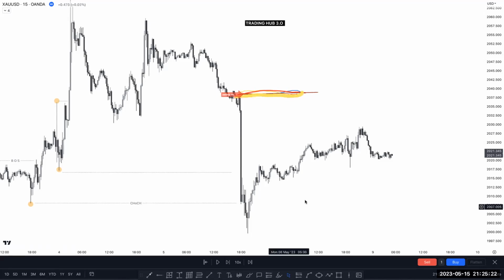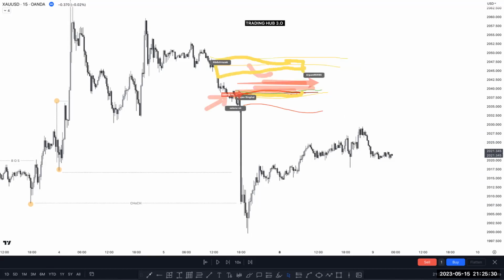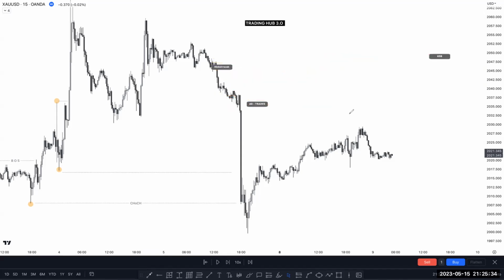Yes. After break of structure, after change of character, the first pullback is called our inducement. Correct. So this is our inducement and definitely we can enter here after taking out this one. So where is our first pullback? This one. Exactly. Because this is our first pullback here, and this is a single line move here.